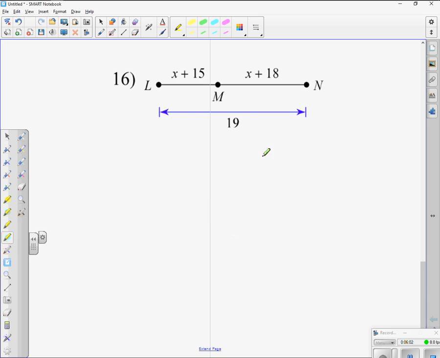Same idea. All this string, I'm going to cut it into two pieces. One of them will be this piece right here. And that is the measurement. Okay. Now, the next piece will be this piece right here.